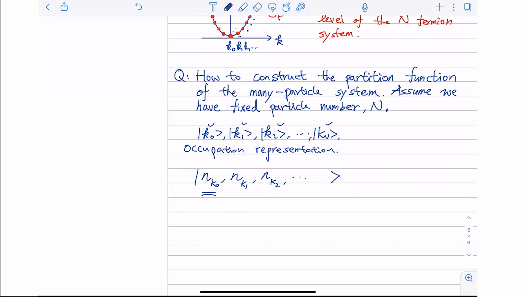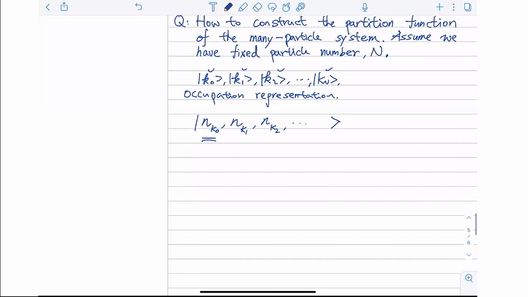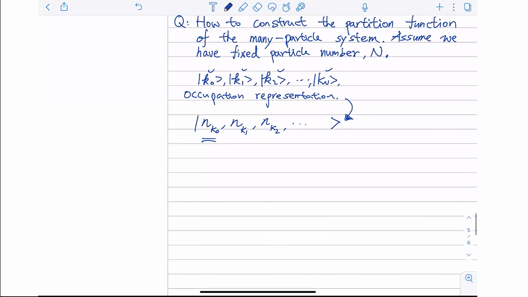So this occupation representation did not actually lose anything. On the contrary, it actually captured the most important information for indistinguishable quantum particles. This occupation number representation is very important when you are learning more about many-particle formalisms. It is closely connected to the formalism called second quantization.